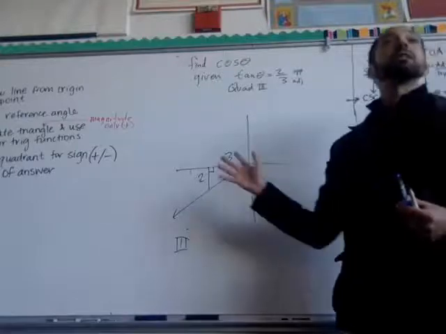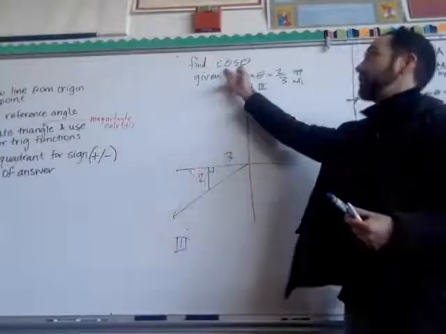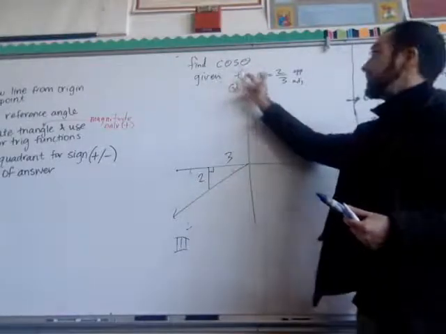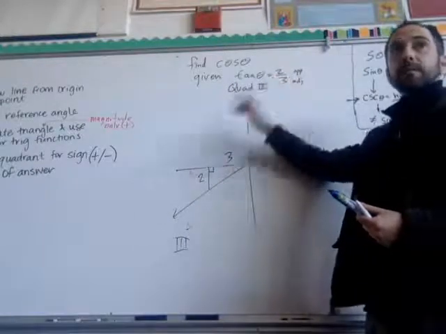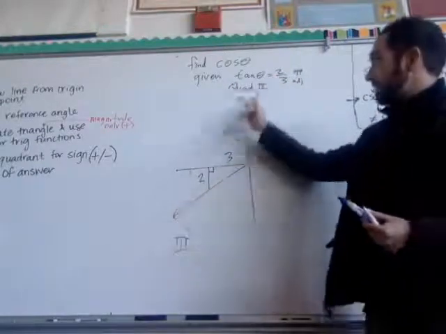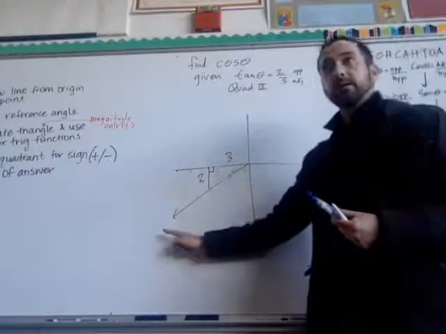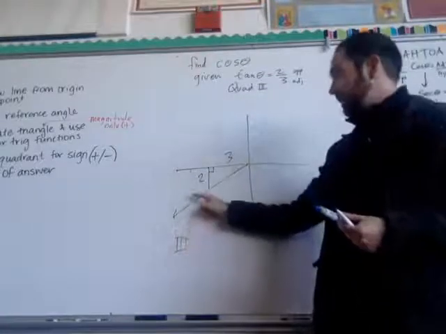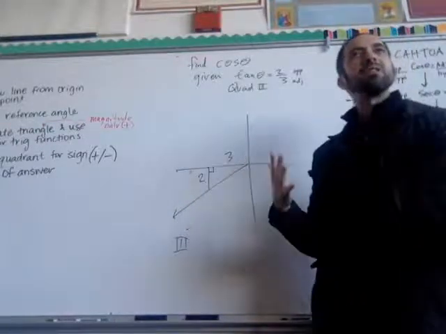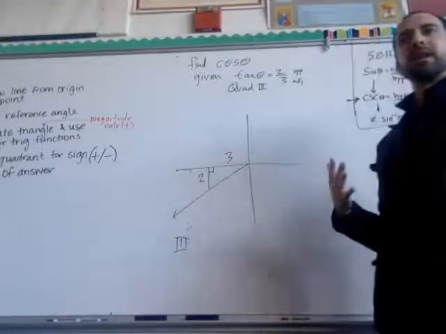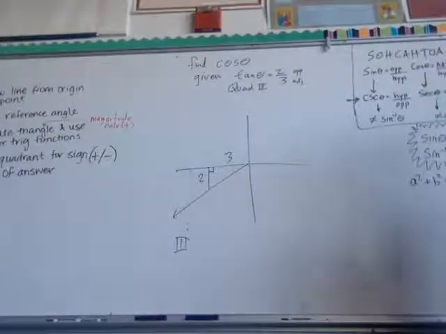The only difference between this and the other problem is they tell us what we're looking for, and they give us some clues. The tangent of theta within the triangle is 2 over 3. But to place it correctly, you have to have this information too. It's in quadrant 3, and you have to know that's the reference angle to get back to the x-axis, so that's my theta. You see how that's all linked? I think yesterday I did not say all those things as effectively. So 2 days sometimes for some lessons.